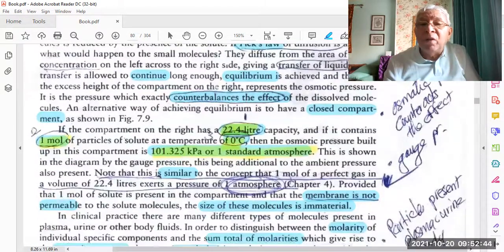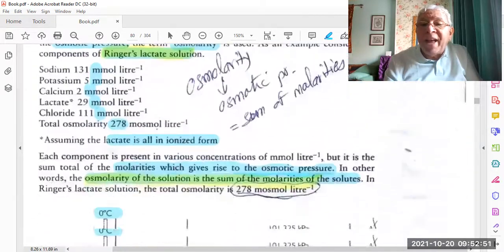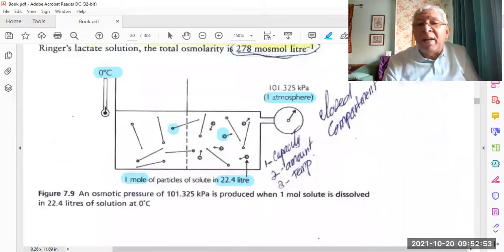Of course, on the other hand, in this compartment, as we mentioned before, we created a scenario. We have a temperature of 0, and we put in the right side 1 mole of a substance, and the capacity of this compartment is 22.4 liters. As we mentioned before, 1 mole of any gas occupies 22.4 liters at standard temperature and pressure.